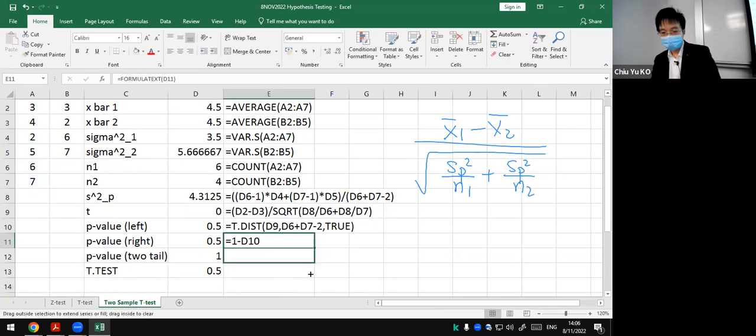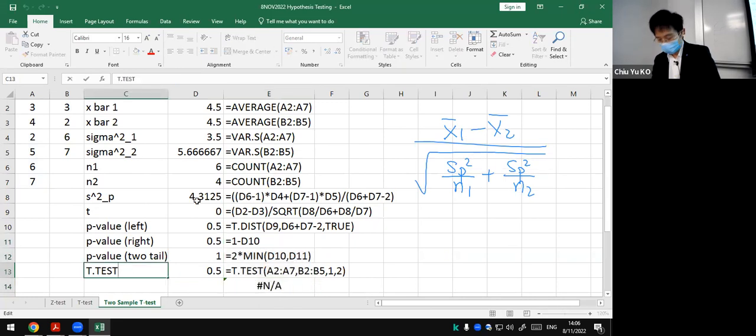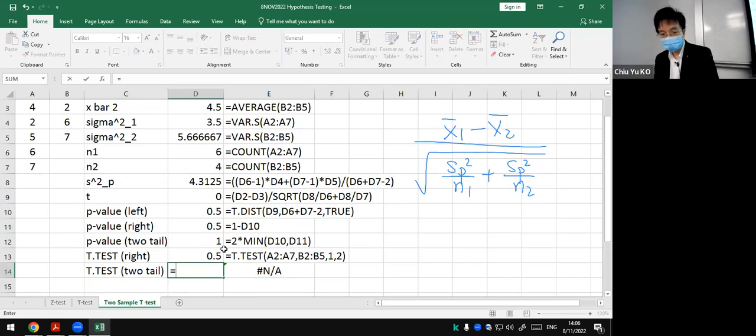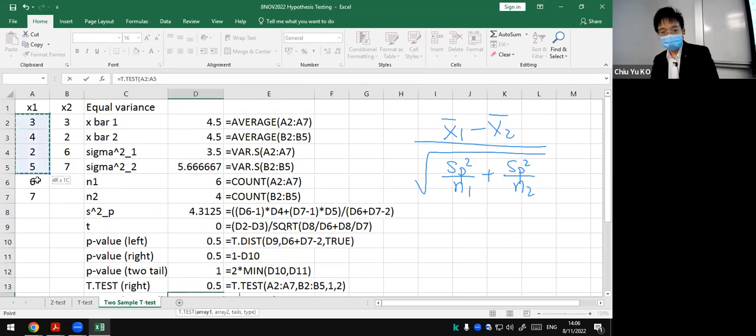So that is how you get this guy, okay? And then this is the right tail, okay? And then you can also do the T-test and then do the 2 tail, okay? Which is simply T.TEST, okay? Get the first set of data, second set of data, get a 2 tail one, and get a 2 one, okay?